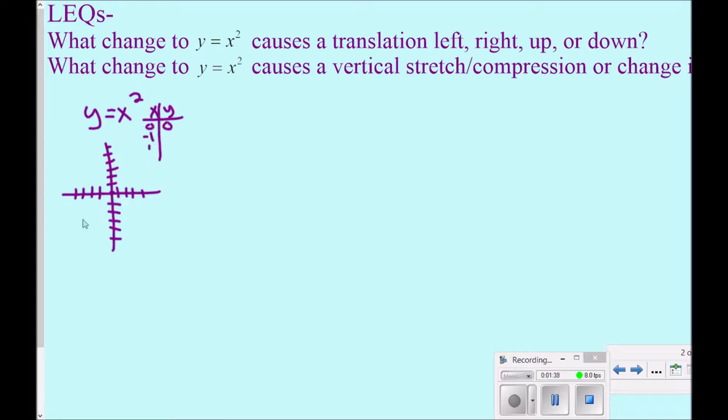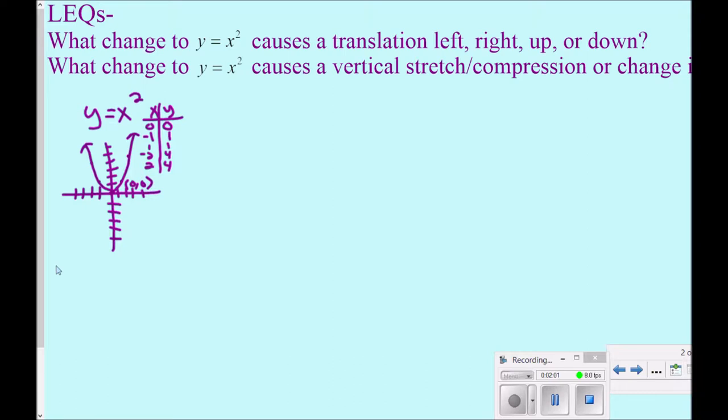Negative 1 and 1 gives me 1. Negative 2 and 2 gives me 4. And there's a very quick sketch of y equals x squared, which has a vertex at 0, 0.